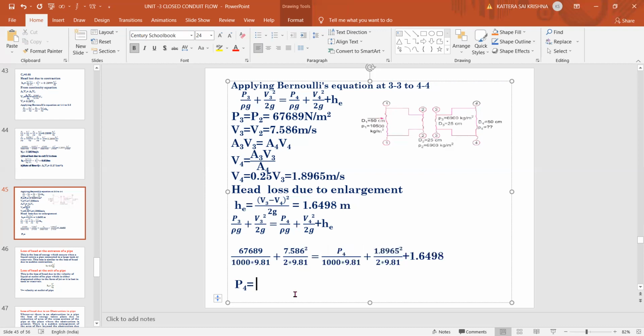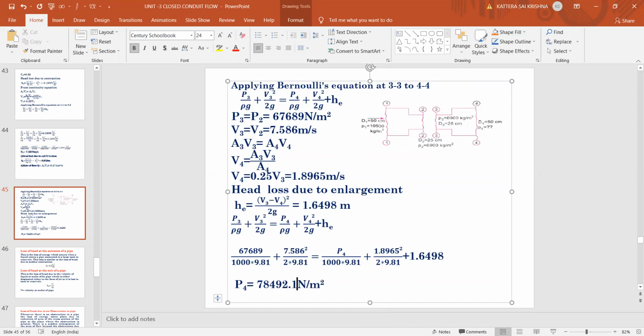So P4 equal to, you get, in meters. Okay, so find P4 by solving these terms here. Sir, 78492.11.